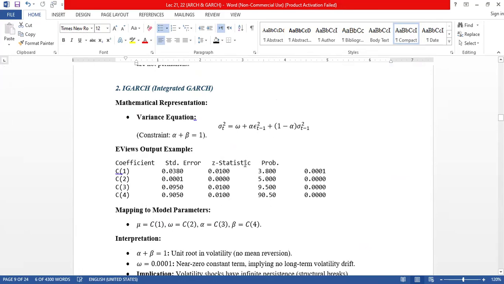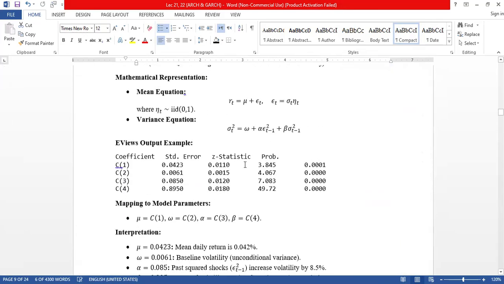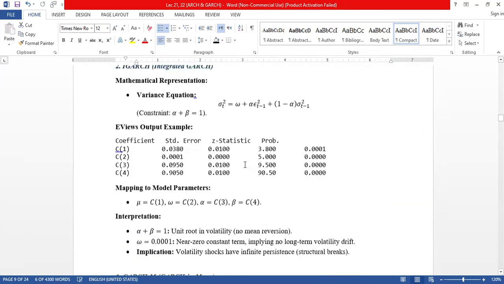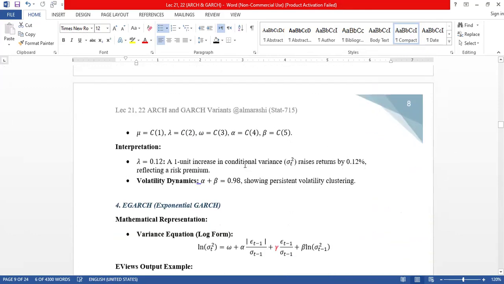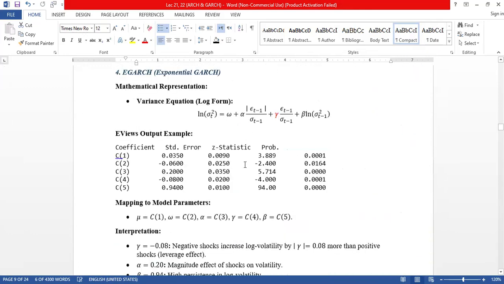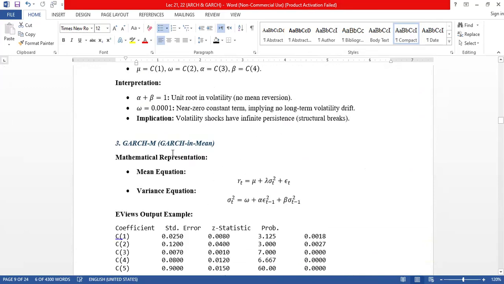These were just examples. Dr. Marashi taught GARCH-M, GARCH in mean. And in this mean equation, you also have the variance equation.